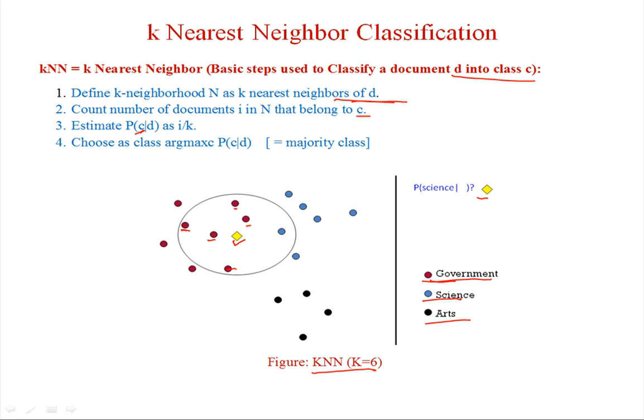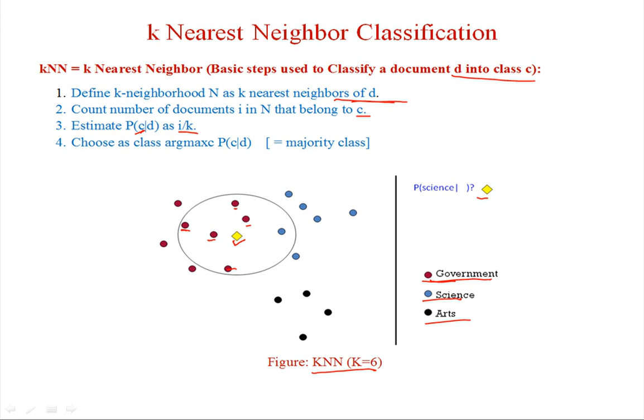Here P(C|D) for red documents: a total of 6 documents are there, and out of 6 documents, 5 are red. So for the red class P(C|D) is equal to 5 by 6, generally I by K. So I is equal to 5 and K is equal to 6.